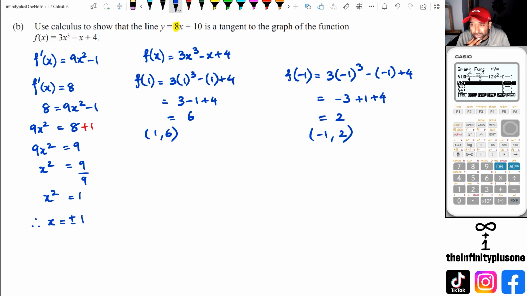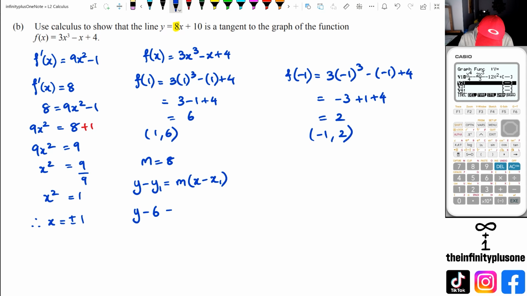Now what we've got to do is we've actually got 2 points where the gradient is equal to 8. So now we've got to substitute in to figure out which one of these points has a tangent of 8x plus 10. So we know the gradient is equal to 8, and so we're going to do y minus y1 equals m times x minus x1, which is the equation of a straight line.